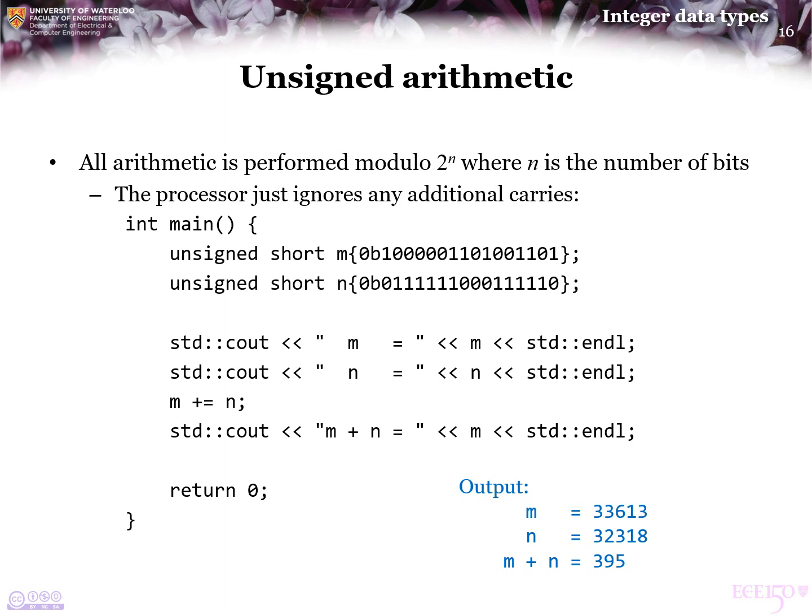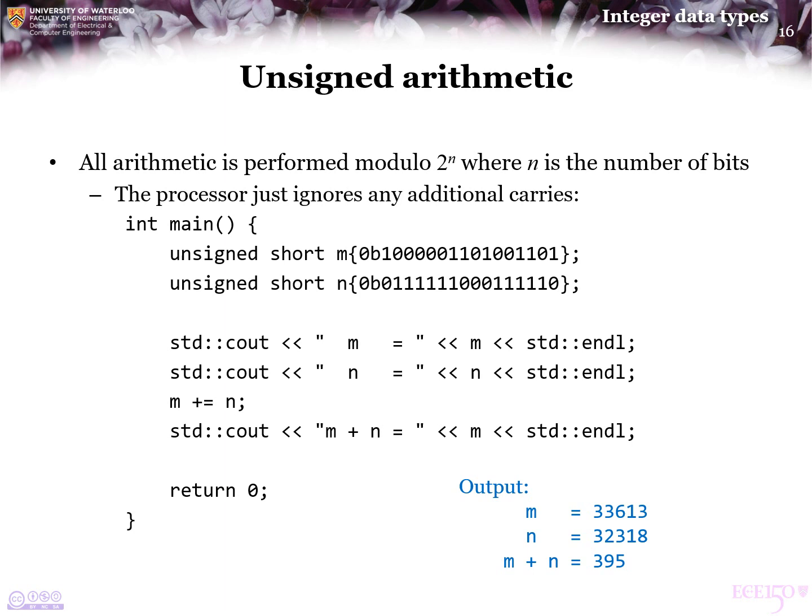Now, one thing you should be asking is, how does arithmetic work? What happens if you make a calculation that is larger than the largest possible value that can be stored in a particular type? So for example, here I have a program where I have 2 unsigned shorts.